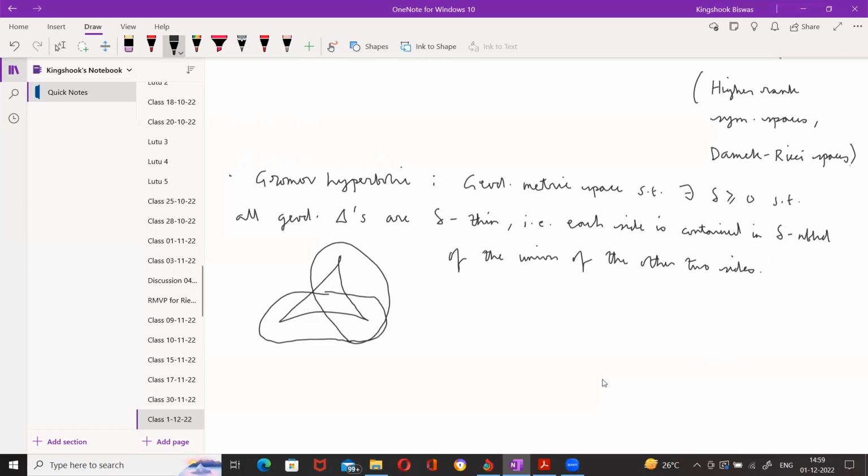So, for example, if I tell you that a manifold is Gromov hyperbolic, that does not tell you anything about the sectional curvature, because sectional curvature depends on very small triangles. You cannot detect sectional curvature from triangles above a certain diameter, right? So, for example, CAT(-a^2) is contained in Gromov hyperbolic if a is positive.